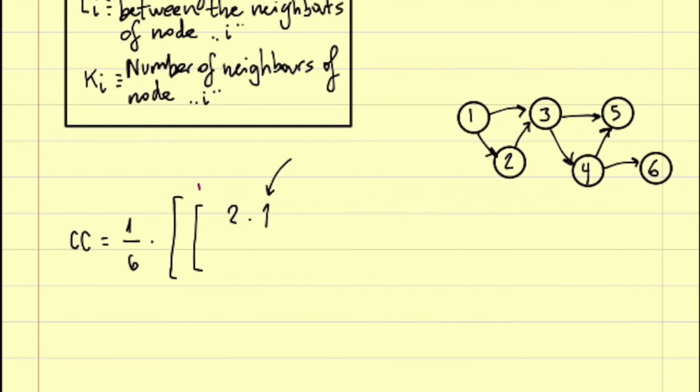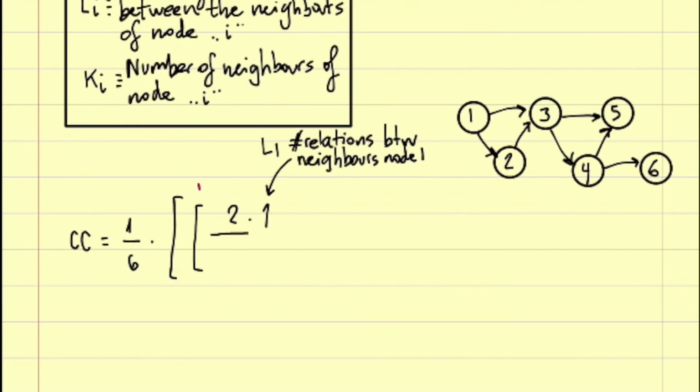This is the number of relations between neighbors of node 1. This is L1.